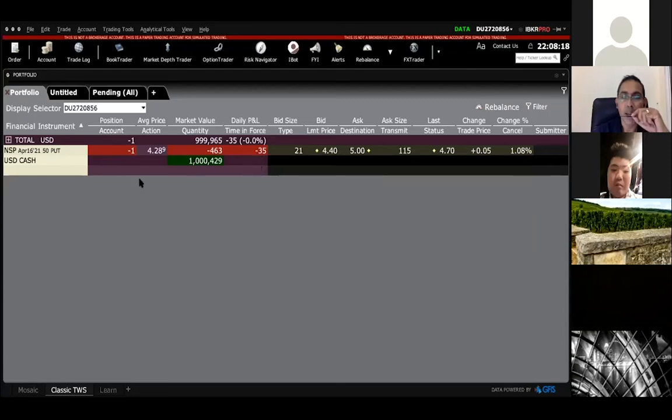Because imagine if I have to close this position right away. What I did was I sold an option to open, that is STO, sold to open. So I can get rid of this obligation by buying back this particular contract, right?